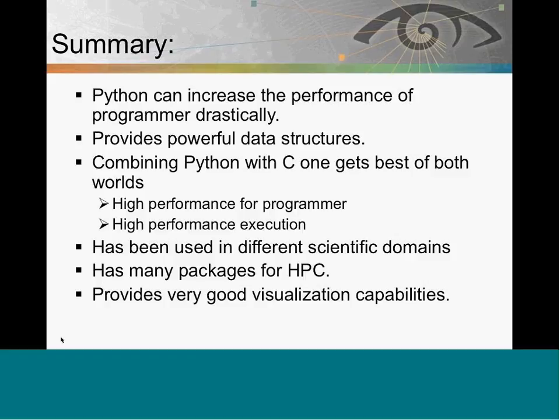There are many packages for high performance computing like MPI for Py, multiprocessing, PyCUDA, PyOpenCL. And there are good visualization capabilities, as you see, matplotlib, and it also has interfaces with VisIt and VTK.